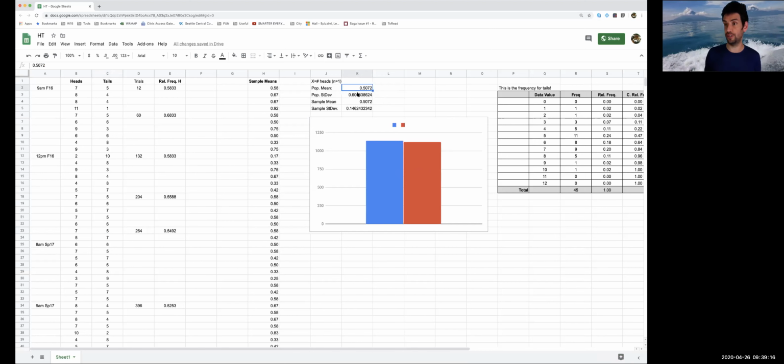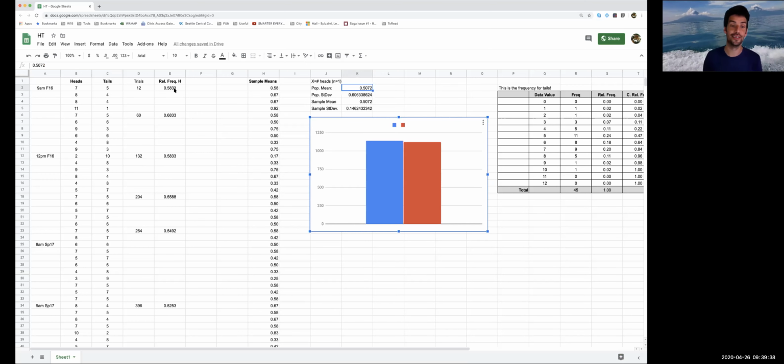Doesn't mean we always get closer, right? The next person who flips a coin for me might flip it 10 times and get 10 heads in a row. And all of a sudden the heads frequency gets a little higher. It's already a little higher than 50%, it could get a little higher. But if I conduct this another 100 times, another 1,000 times, overall we'll tend to get closer and closer towards that 50%.